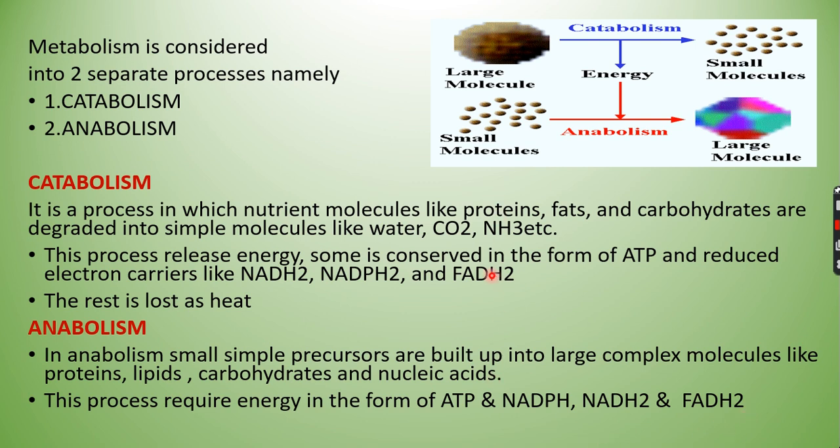These two are vice versa: one is broken down, releasing energy, and the other is built up. If you want to build anything, obviously you require some energy. That is anabolism. In this respiration topic, catabolism is the area we are going to discuss.